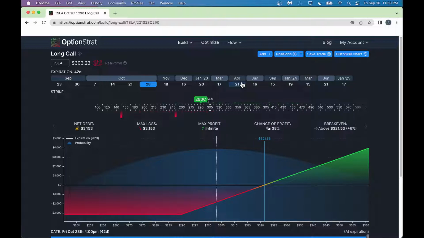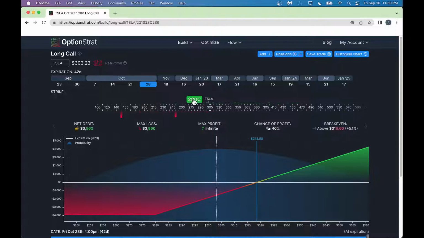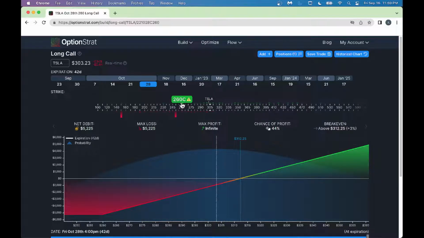Now you're in the money, your chance of profitability increases. And depending on how aggressive or conservative you want to be, if you're conservative, you can go here. You could go even 265, 260. Look, now you are paying a little more money. Your net debit is 5,000 and your chance of profitability increases.